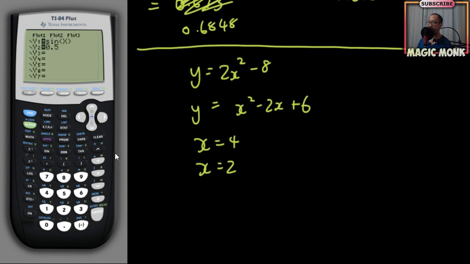Sorry, Abby. So what you do is you go 2x squared minus 8, put that in, and then you go x squared minus 2x plus 6. Okay, you graph it.